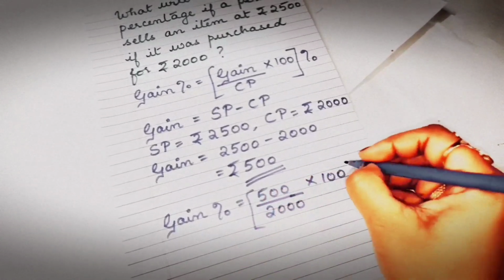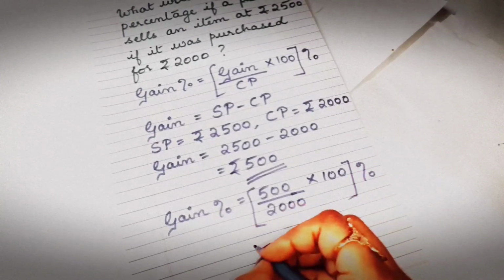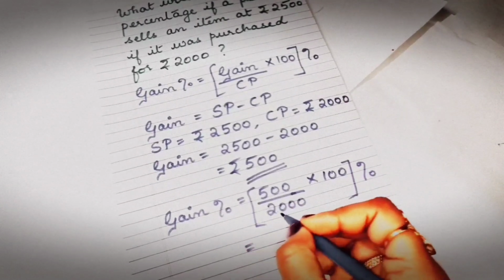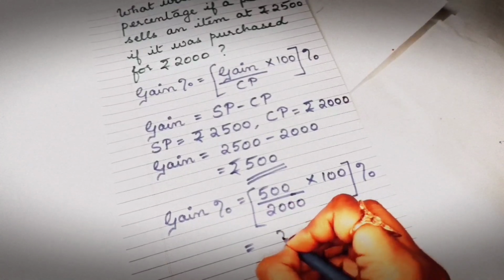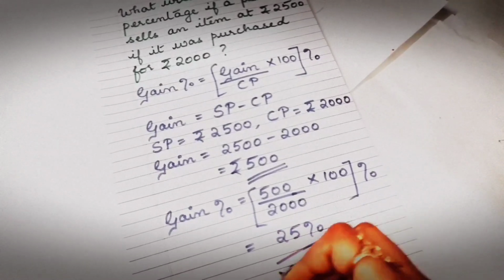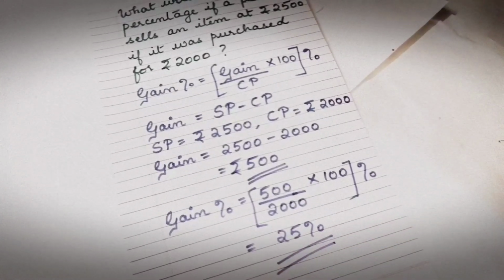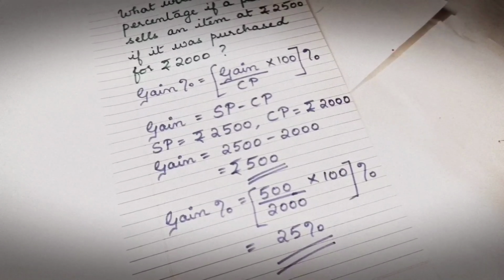And the result that you get is to be represented in percentage. So we have 500 by 2000 into 100. And if we solve this, we get the result as 25. So we have the gain percentage is 25%.